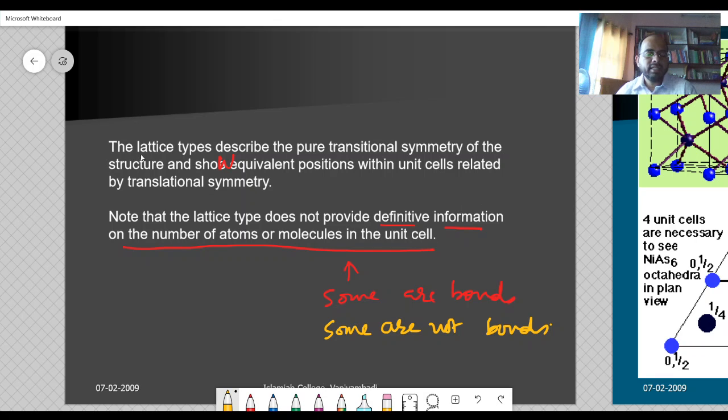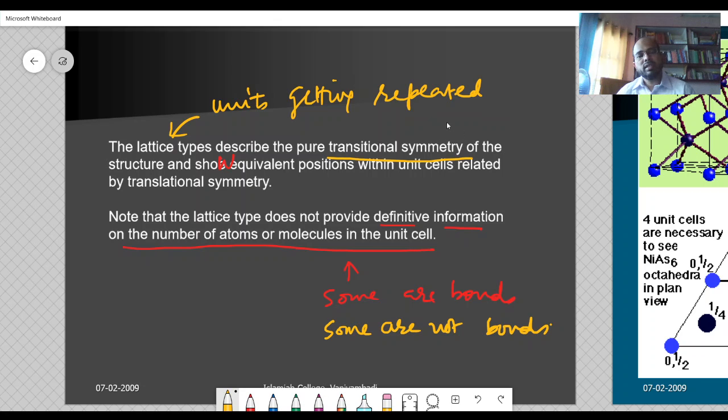That is, the lattice is the unit that gets repeated, and the type describes the pure translational symmetry.